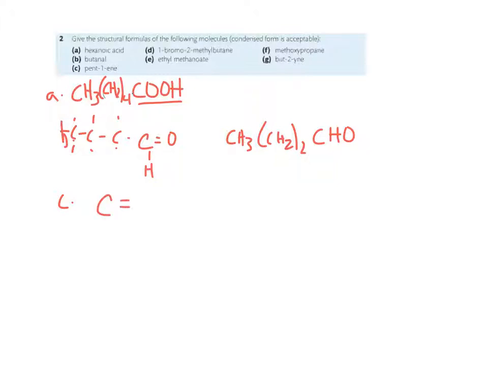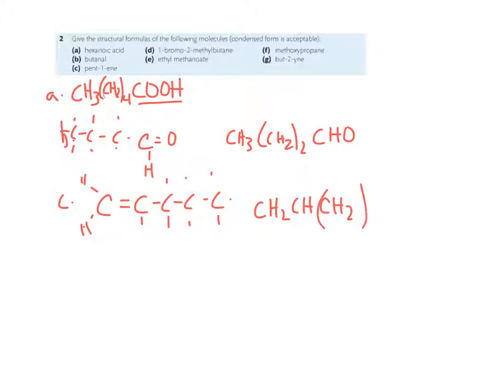And the 1's telling me the double bond's right here. So it's going to look like this, which means this only gets 2. This only gets 1, 2, 2, and 3. So when I write that as a condensed structural formula, this would be CH2, CH, CH2 2 times, and CH3.